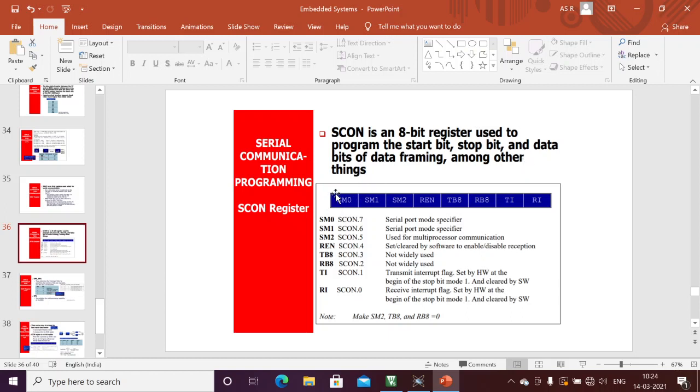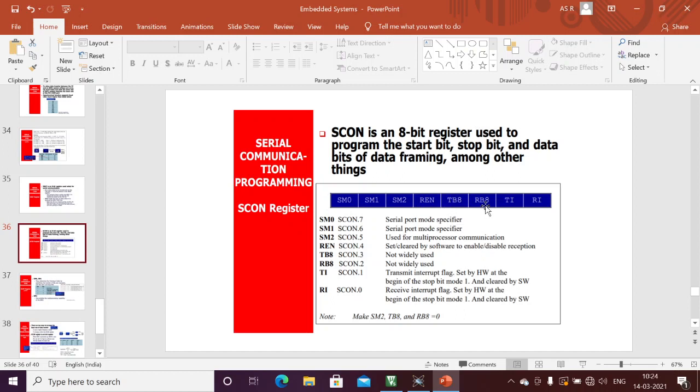Okay, here mainly it is an 8-bit register. Here SM0 and SM1 are the mode selection. We'll discuss it in the next slide. We have 4 modes: mode 0, mode 1, mode 2, mode 3 in our serial communication. This SM2 is the multiprocessing mode. Currently we can make it 0, as we are using the single processing mode. And REN is receive enable. For example, if I want to receive data externally, this bit should be set to 1.